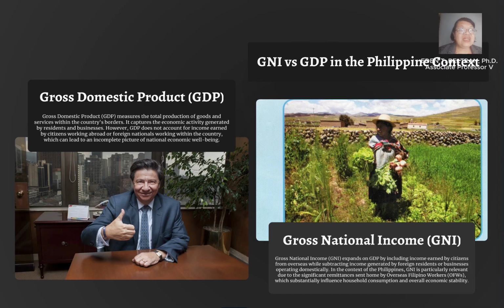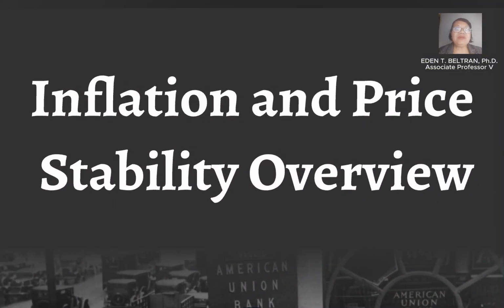So GNI again is you total all the incomes earned by OFWs, and then deduct the total income of foreigners working within our territory. So, if GDP is rising but people feel poorer, what could explain that?